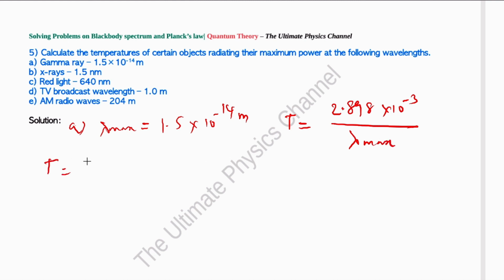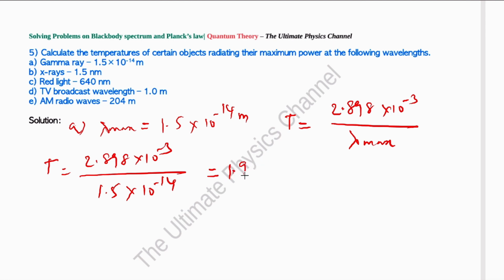Therefore, T in this case is 2.898 into 10 power minus 3 over 1.5 into 10 power minus 14, which is 1.932 into 10 power 11 Kelvin, or about 193 billion Kelvin.